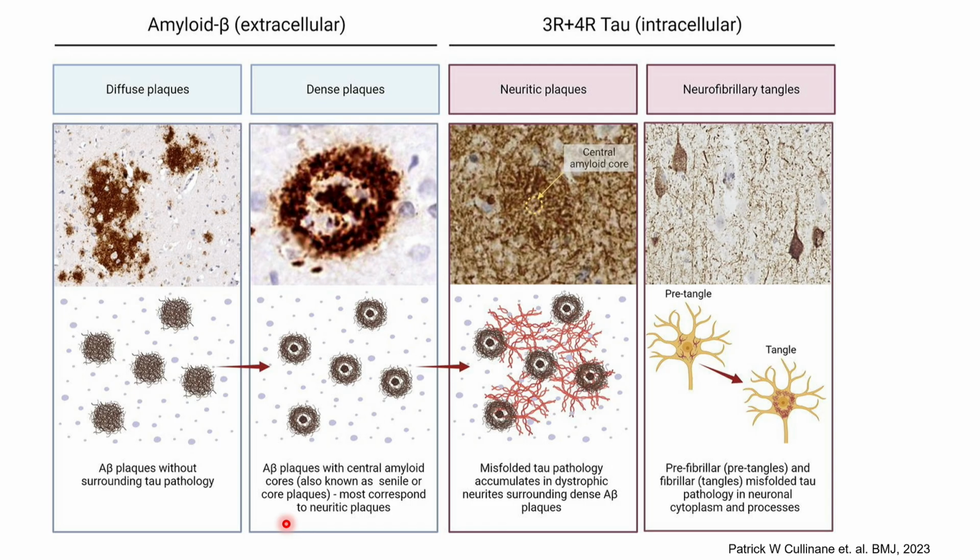It includes both APP and tau. Initially there are diffuse plaques of APP. As they progress, they get denser in the center and diffuse on the sides. This denser part further attracts the tau accumulation.